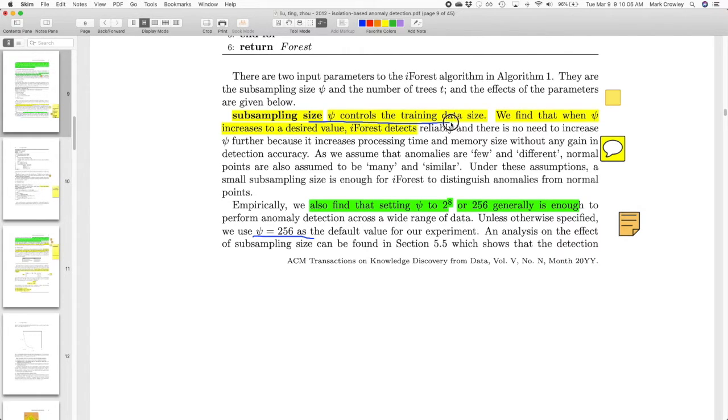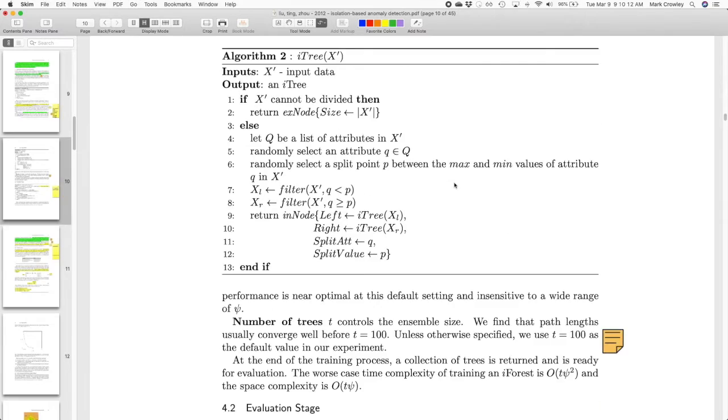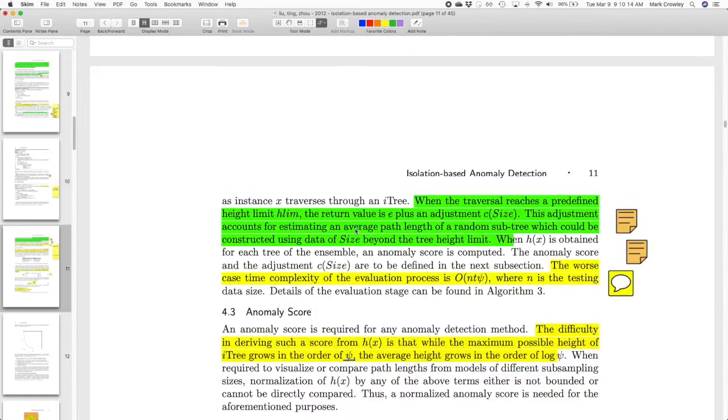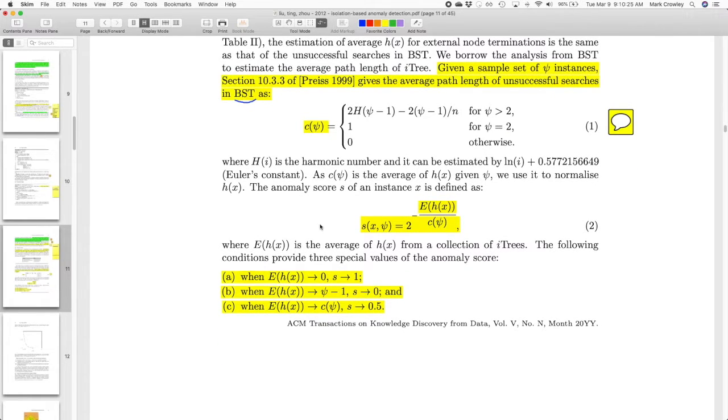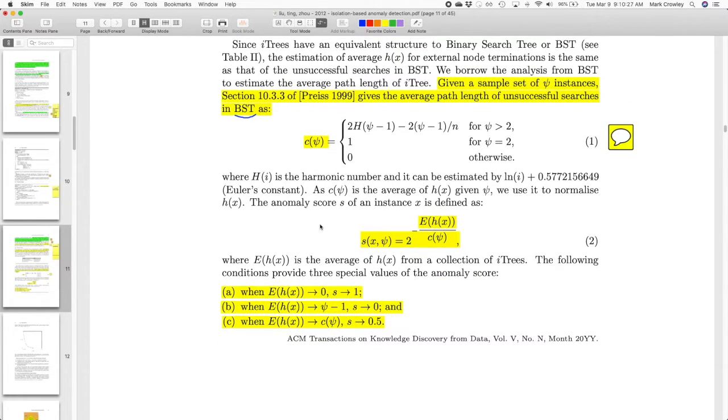So they have a subsampling size psi, which is how much of the data you're using. I think it's not actually a necessary part of this algorithm, but it's one of the things they use. So essentially this is n for the purposes of this. How many data points are you actually using to train this particular tree? Every tree you might train on 10% of the data, but it would be a random different 10% each time as part of their algorithm.